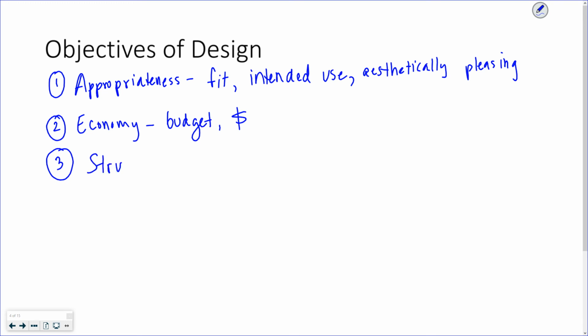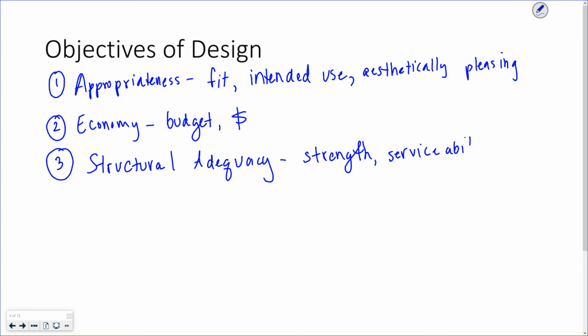Is it structurally adequate? That's where we come in, really, at this level. Does it have enough strength? Will it work? So serviceability. That's where we're starting.